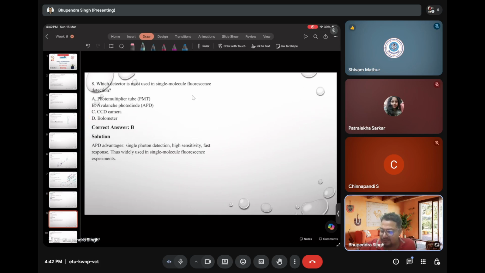The next question is, which detector is the most used in single molecule fluorescence detection? This is also information. PMT, avalanche photodiode, CCD camera, or photometer, bolometer.